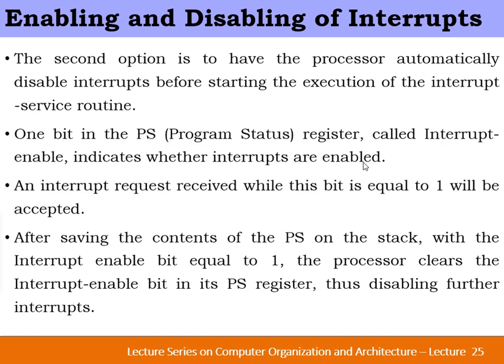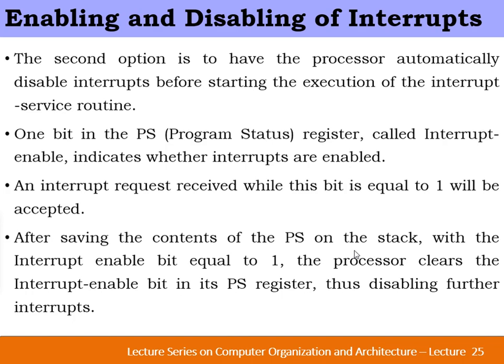After keeping one copy of the program status register on the stack, the interrupt enable bit in the program status register is automatically made equal to 0. This makes a disabling of interrupts, so the processor is not going to accept the interrupt request signal from any IO device. This is done at the beginning itself.